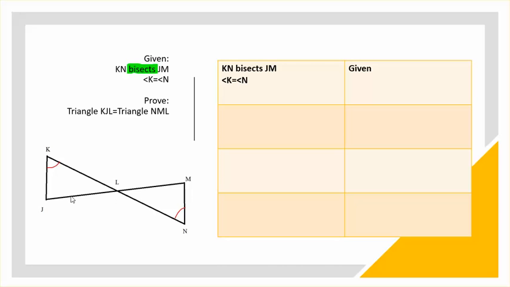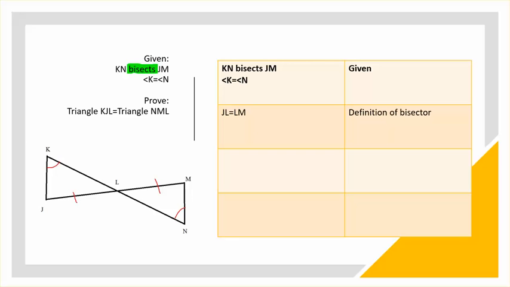So I'm going to mark the two equal parts. Okay, so if JM is divided into two equal parts, I have two equal sides that I can now write down. In my proof, I'm going to write down that JL equals LM. For the reason, there's a couple different ways that you could write this. A lot of mathematicians in your book would simply write down definition of bisector.